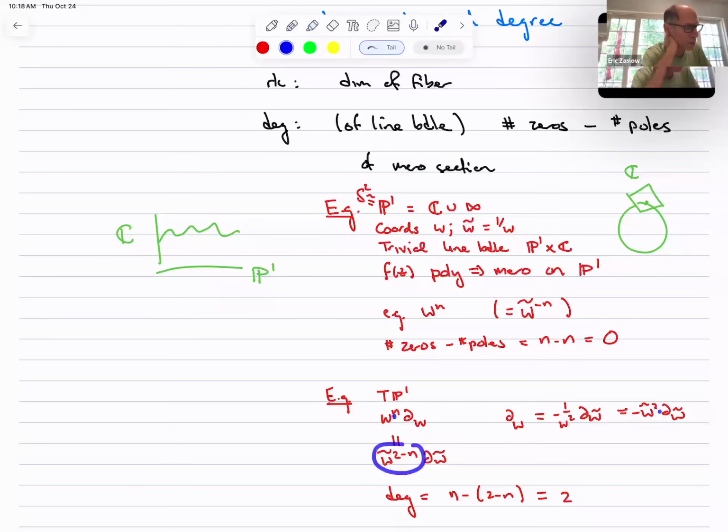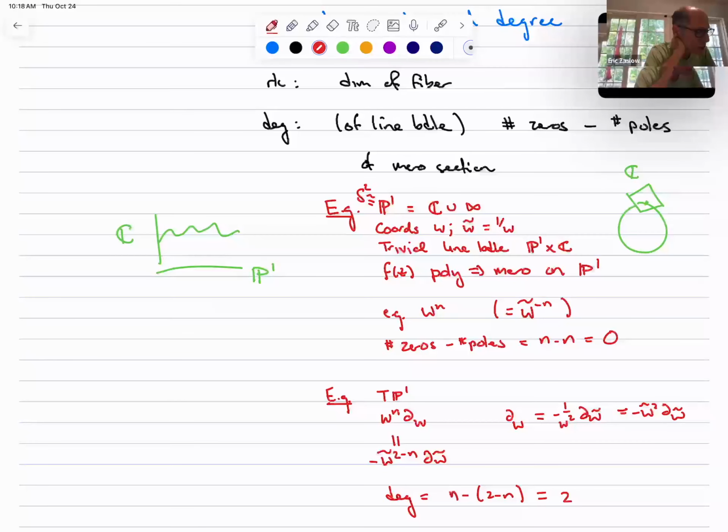Maybe there's a minus sign, that doesn't matter. So you see this has 2 minus n zeros. So the number of zeros, thinking of a pole as a negative degree 0, n minus 2 minus n, we get 2. So the degree of the tangent bundle is 2.